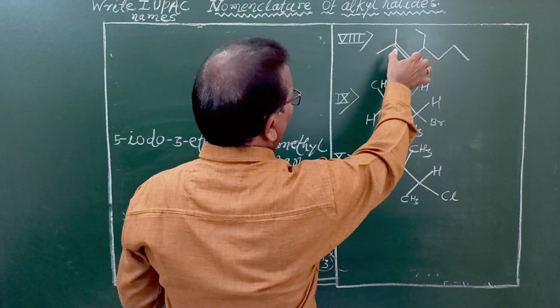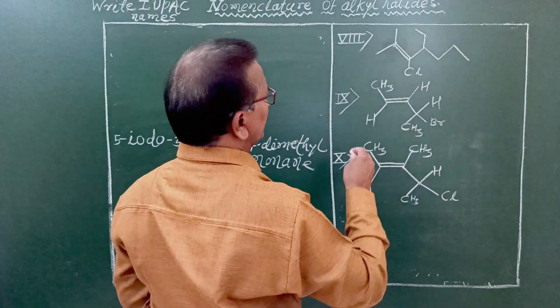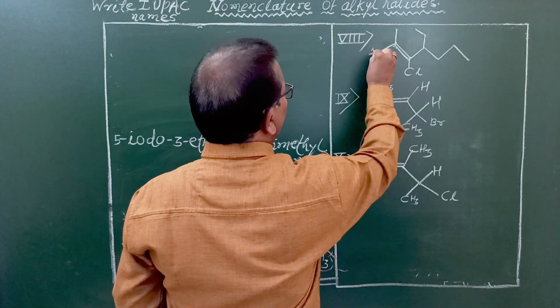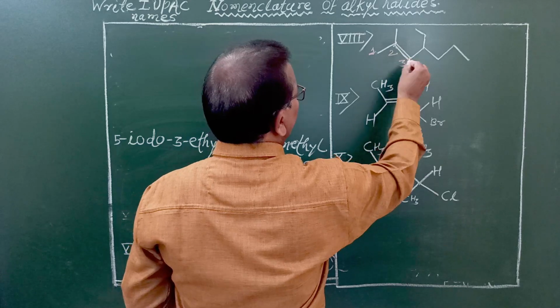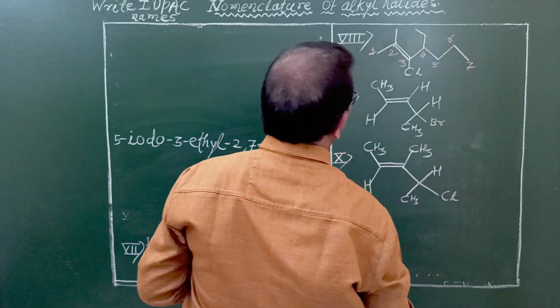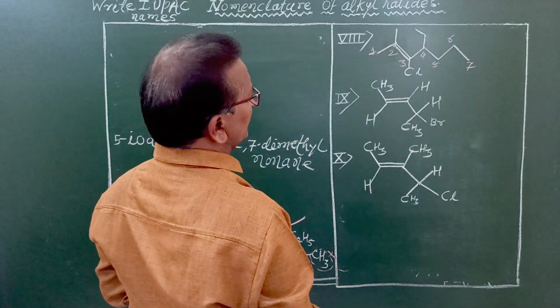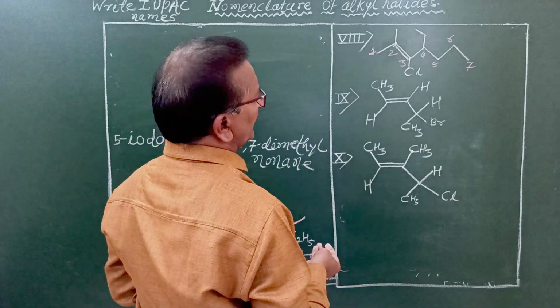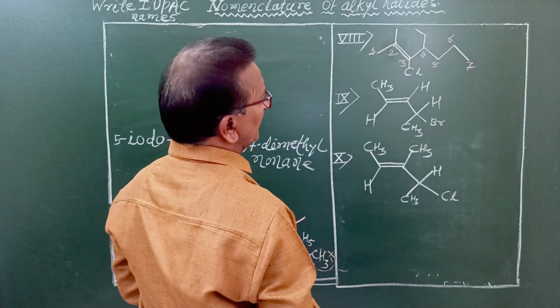We know that whenever a compound contains a double bond and a halogen atom, preference should be given to the double bond while giving numbering 1, 2, 3, 4, 5, 6 and 7. The total number of carbon atoms is 7. Therefore, the corresponding parent alkene is heptene.